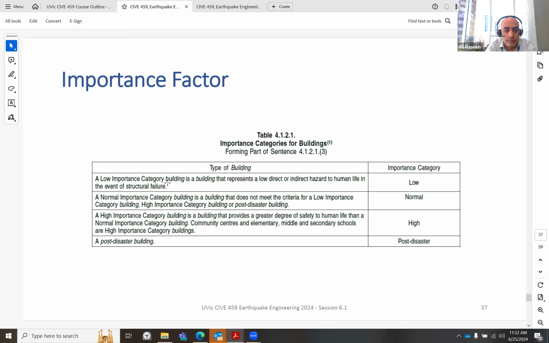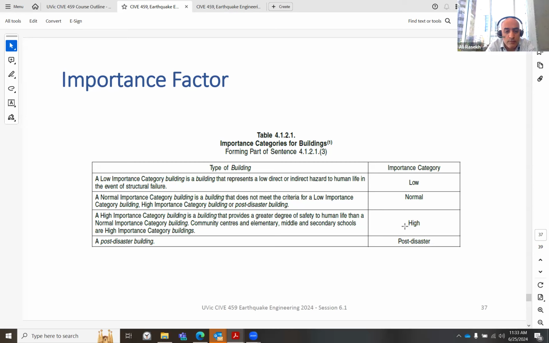So people will not be hurt if that building slightly collapses. So those could be low category where humans don't stay much or don't live or work, just for storage. They can be low.